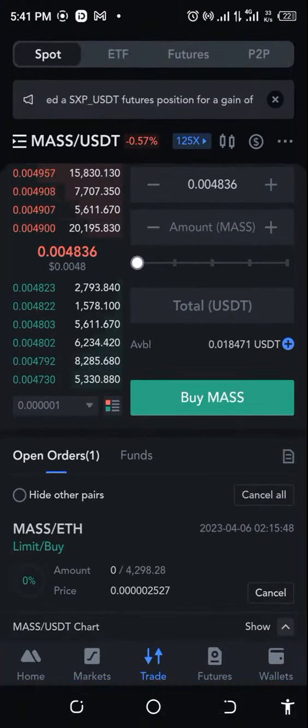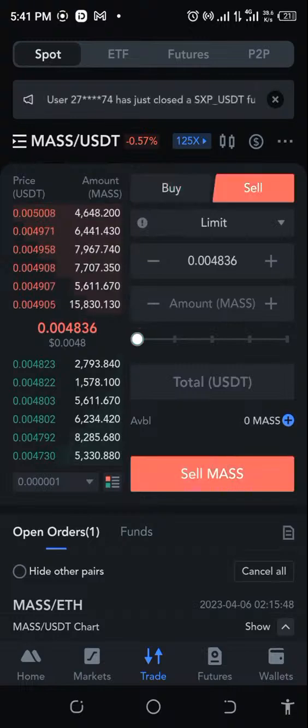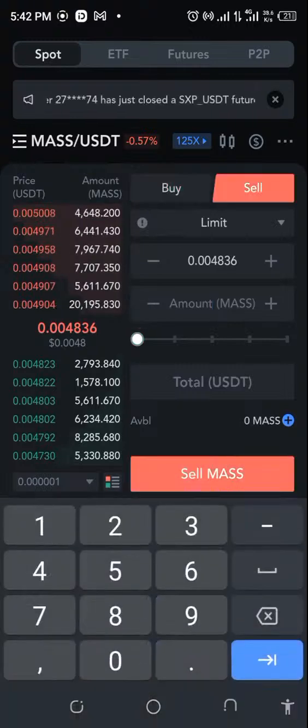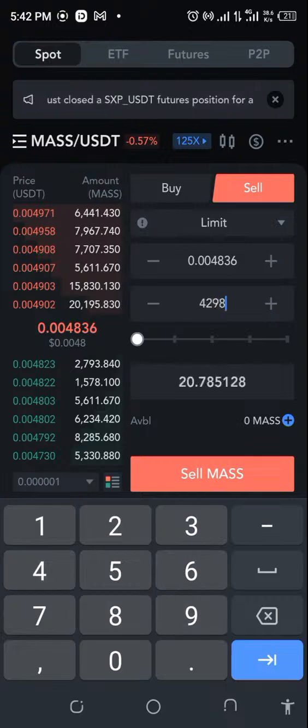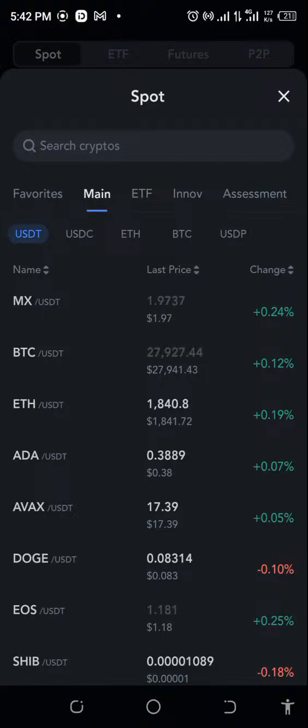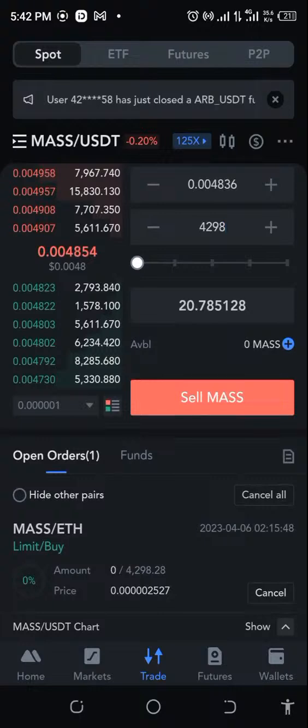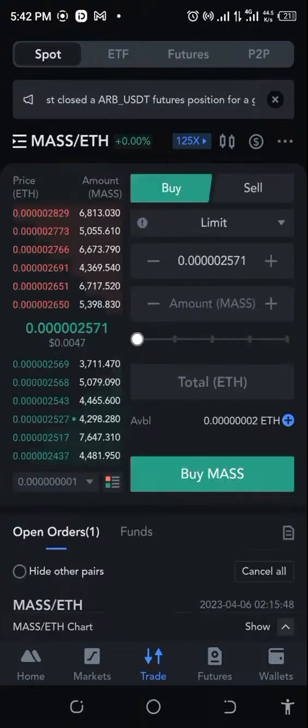If I click on sell and put 4298 quantity, I'll still make profit. That is obviously sure. But the main issue is to be able to get MASS ETH at the price. If I click on this, it's going back to MASS ETH. This is the problem.